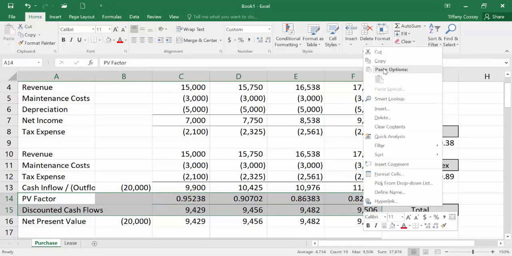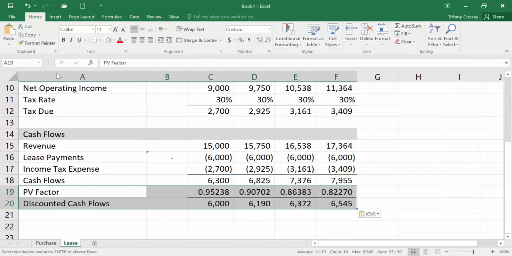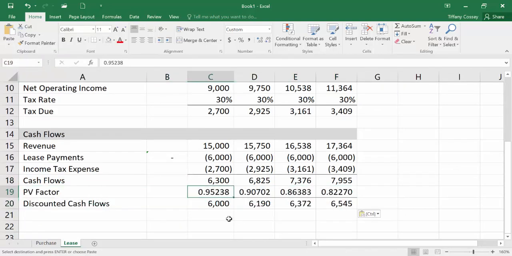And so I can copy and paste that because it will bring my factor over here. And it should also bring my formula multiplying C18 times C19.